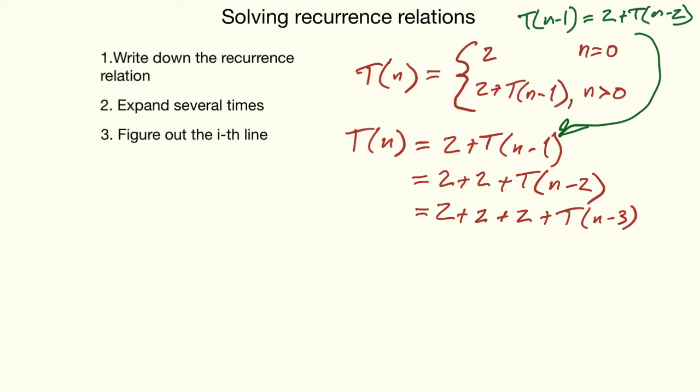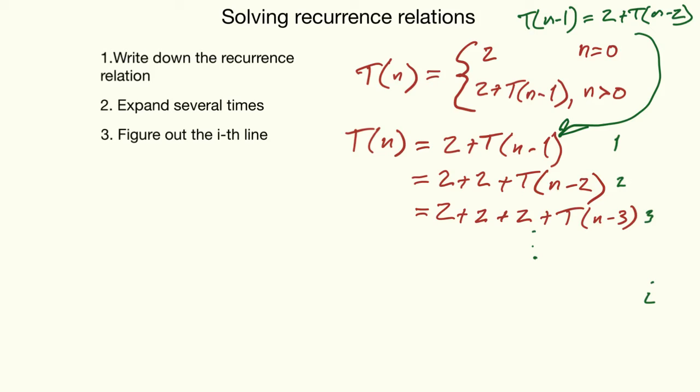The next thing we do is figure out the ith line. What does that mean? Hopefully you've noticed, as we've been unrolling and expanding out the equation, that there's a pattern here. If we number these lines, so this is the first line, this is the second line, this is the third line, what happens at the ith line? What's the pattern?